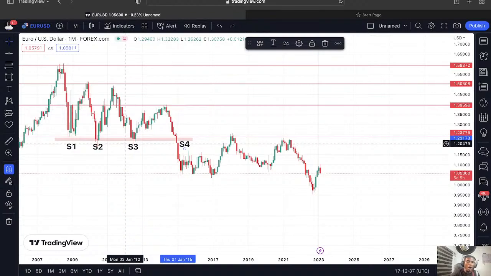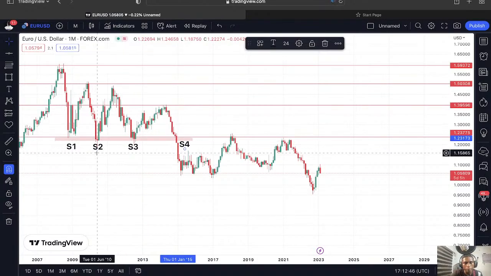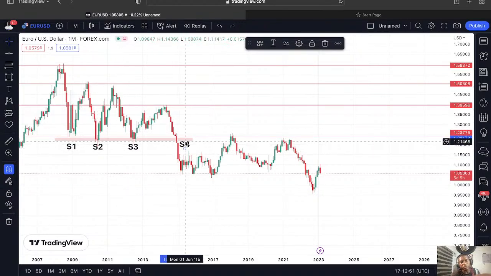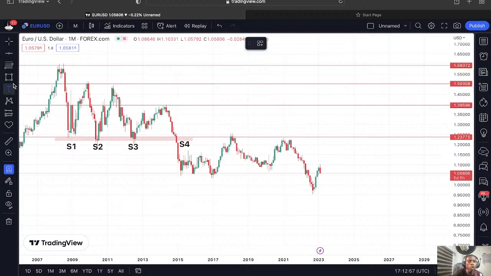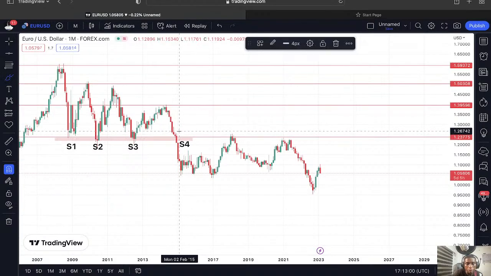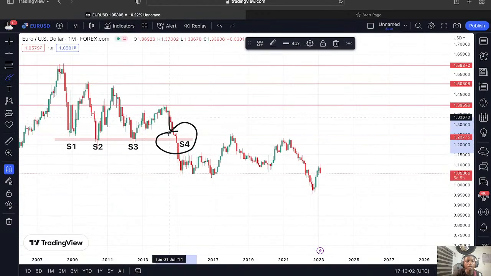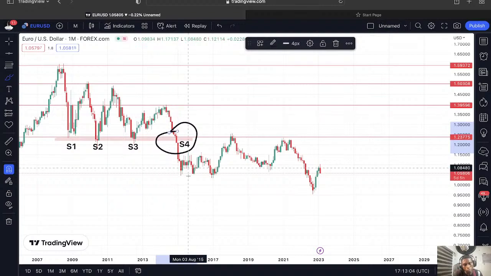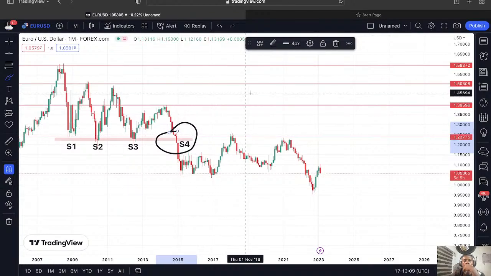Then the buying power of the third support level is not as strong as the second support level. Now the buying power of the fourth support level is not even strong at all, and that was why room was created for price to break out here.